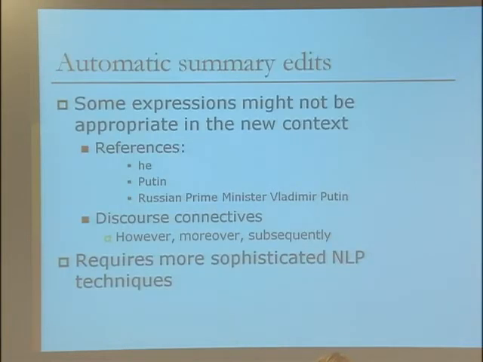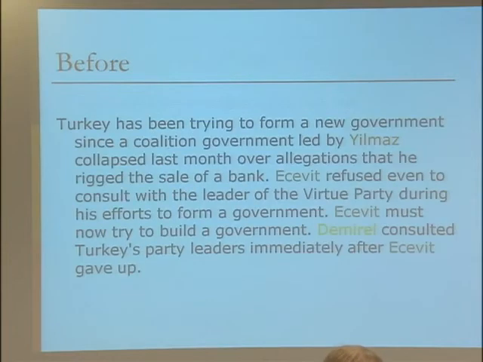The same for automatic summary edits. Again, I will not get into this, but you can imagine that there are all sorts of problems with an automatic summary. If you get a multi-document summary, you're just extracting sentences and putting them together. They don't read well as a text. The longer the paragraph gets, the more confused the reader would get.